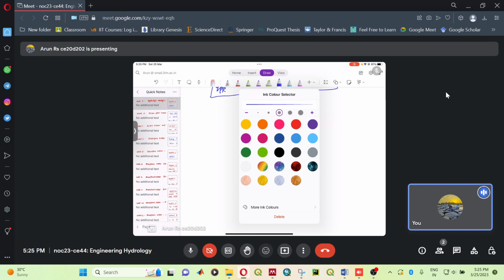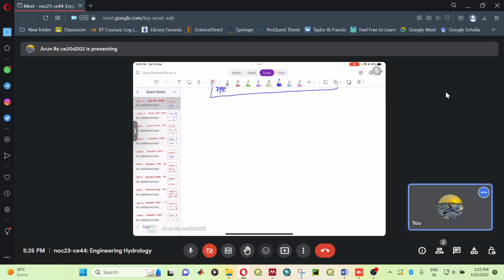So now we got the peak discharge per catchment area.